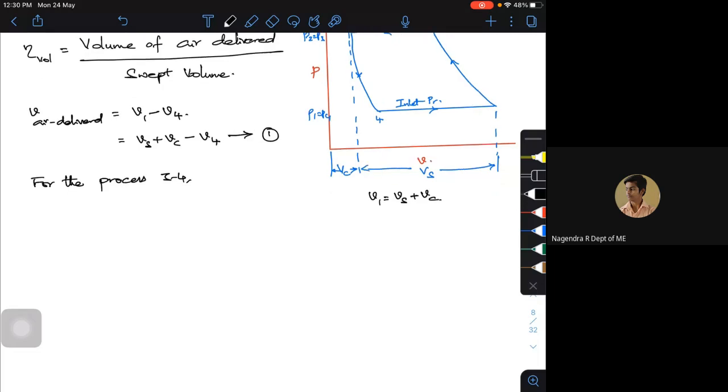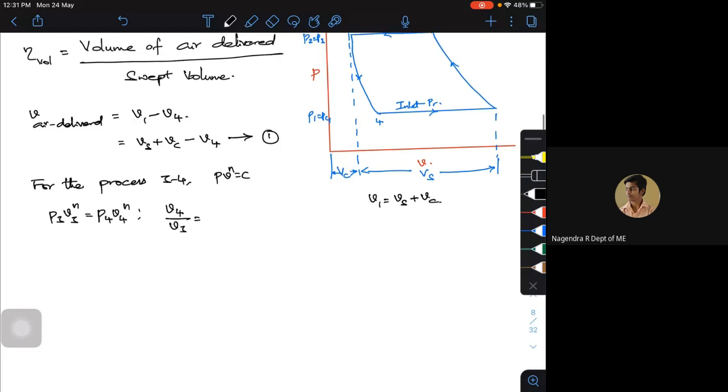I can write, according to PV to the power of n is equal to constant, P3 V3 to the power of n is equal to P4 V4 to the power of n, or V4 by V3 is equal to P3 by P4 whole to the power of 1 by n.